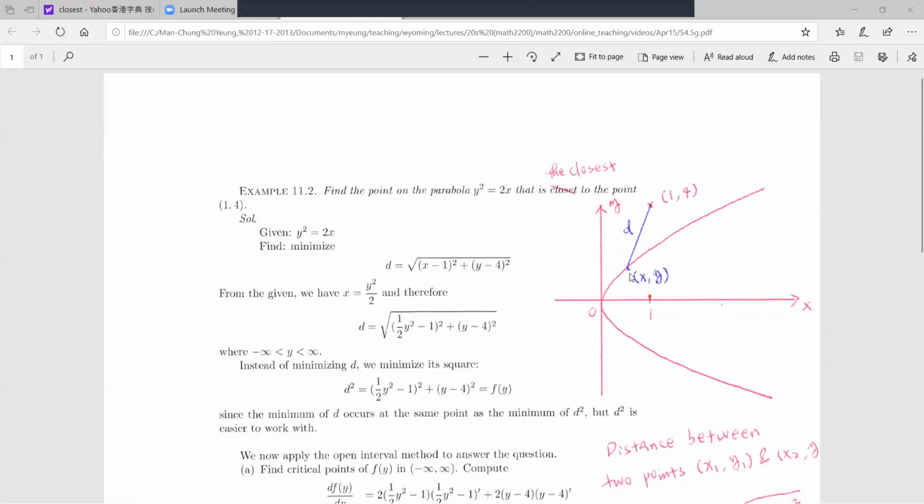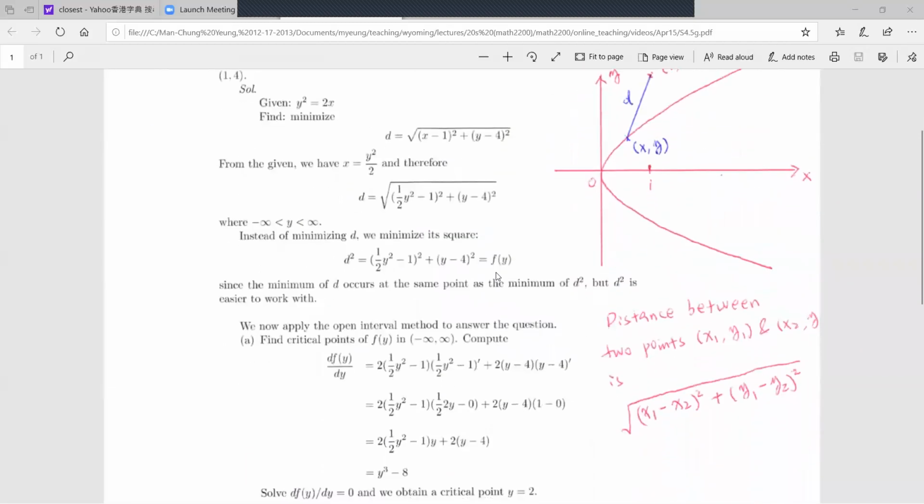I arbitrarily pick a point on the parabola and set its coordinates (x, y). Then the distance between this point and the given point is this by the distance formula. Now the question is how to find x, how to find y, so that distance d is minimized.